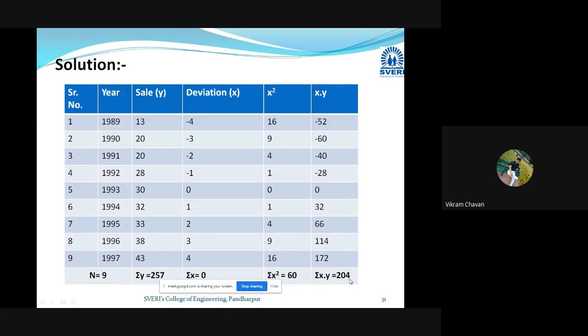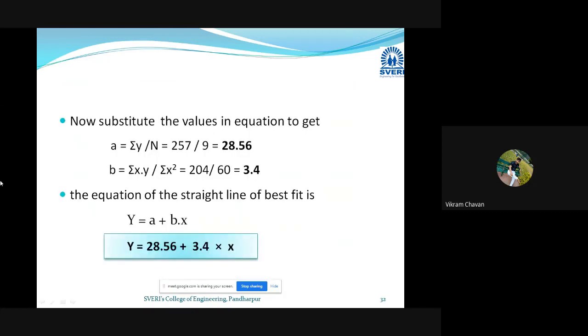These values we have found at the bottom of the table. These values are required to find the constants a and b.